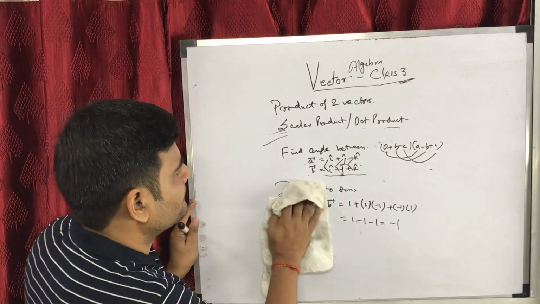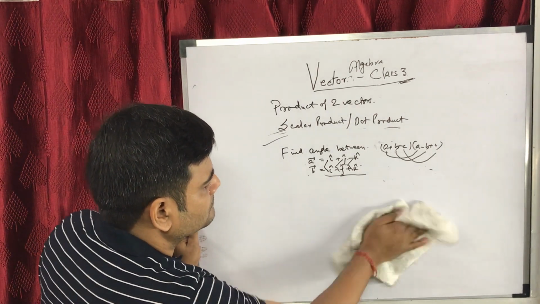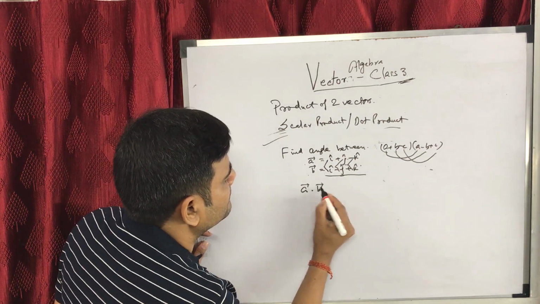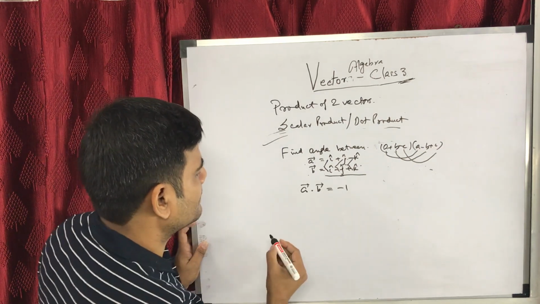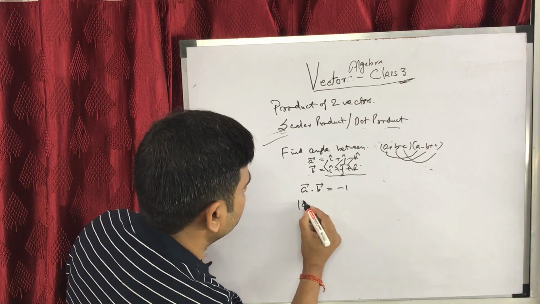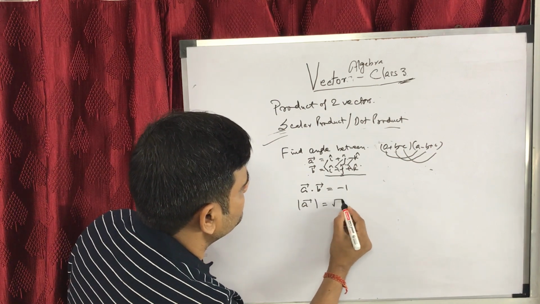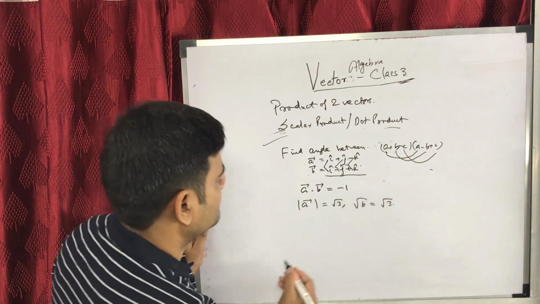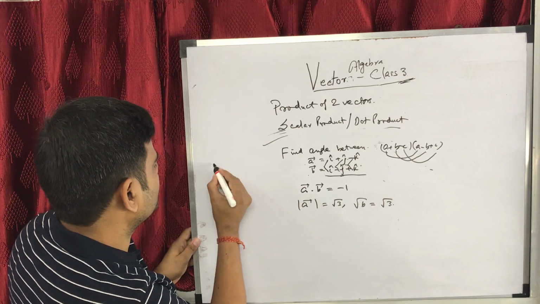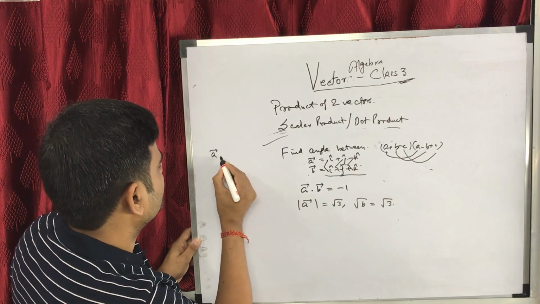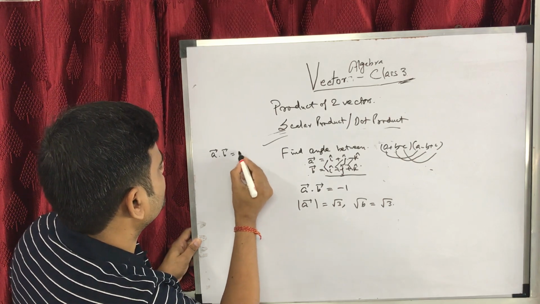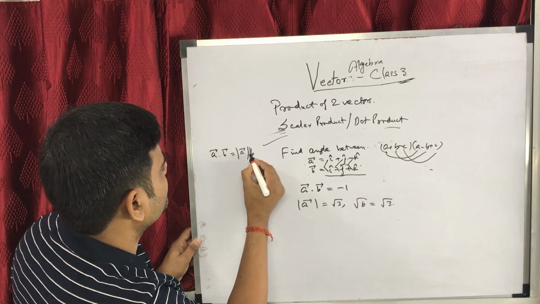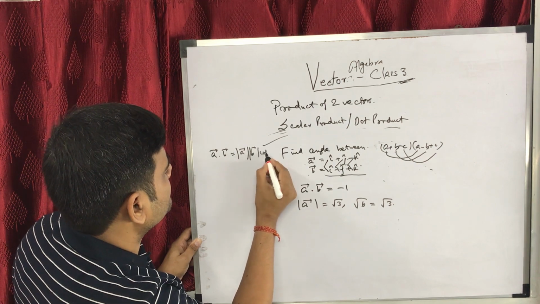Okay. So A dot B we calculated as minus 1. Also we calculated modulus of A is root 3 and modulus of B is root 3. So now A dot B equals modulus of A, modulus of B cos theta.